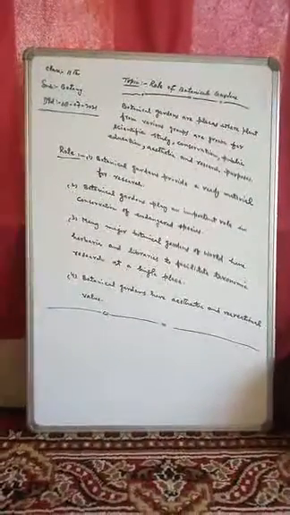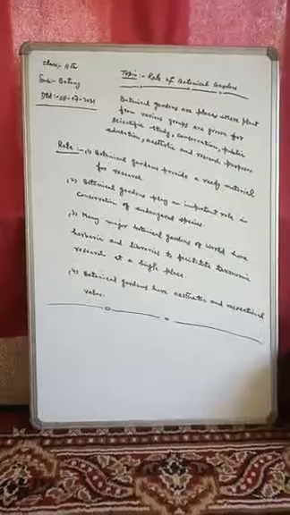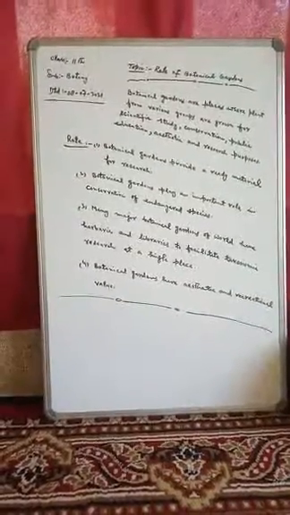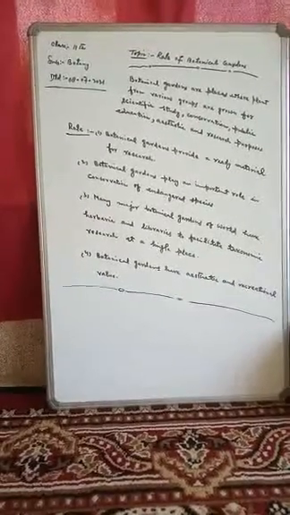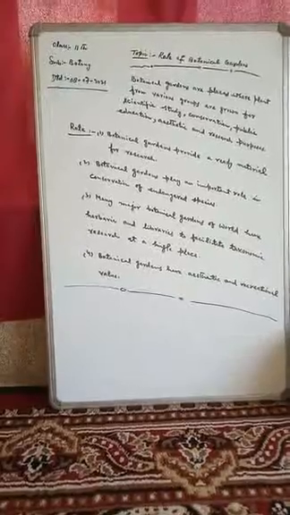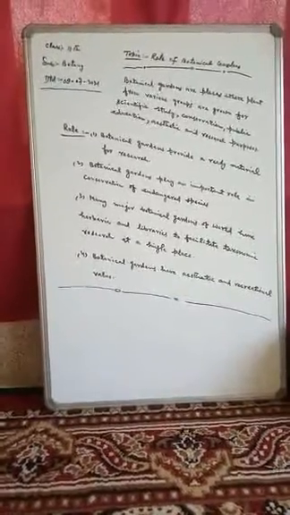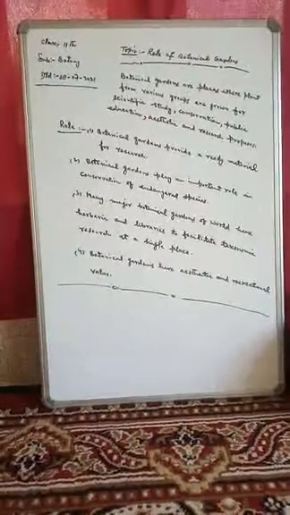So for this purpose, dear students, you should first remember that you should be capable of defining the botanical gardens, as in our previous lecture we defined the botanical gardens as the places where plants from various groups are grown for scientific study, conservation, public education, aesthetic and research purposes.